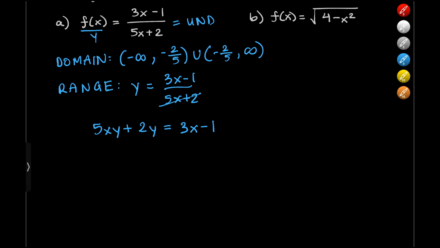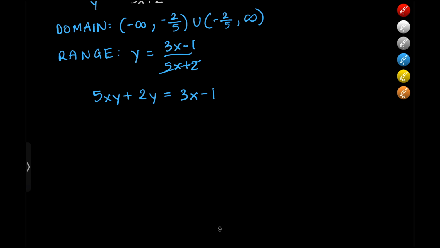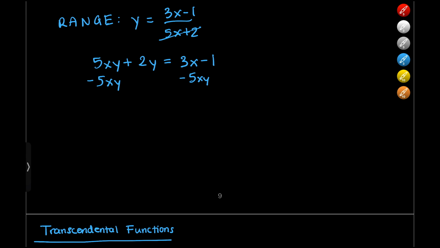And then next, it would be best to subtract 5xy from both sides. So that would be 2y, and I'll also add 1 to both sides as well. 2y plus 1 is equal to 3x minus 5xy.